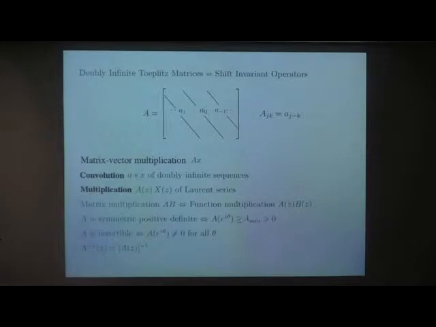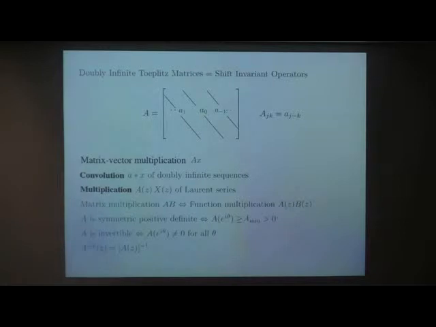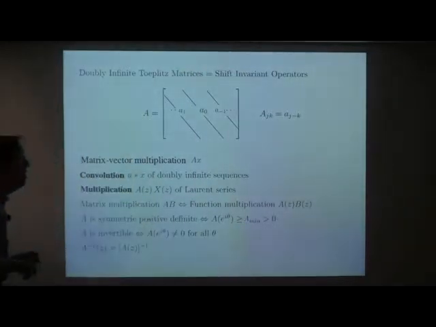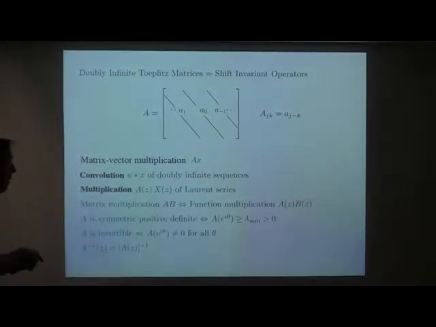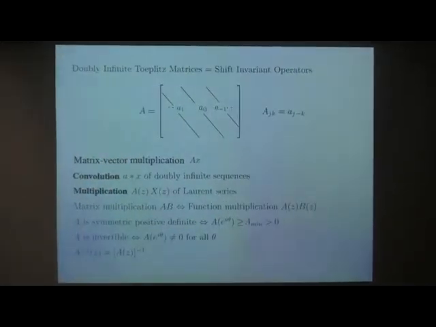And the rules mean that when I multiply two Toeplitz matrices, again, I'm taking them doubly infinite, no issues with boundaries here, that corresponds exactly to multiplying the two symbols, which shall I call that function the symbol of the operator. And then important facts about A, like is it positive definite, translate into a lower bound on the symbol.